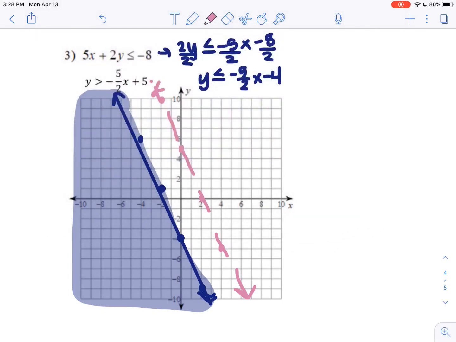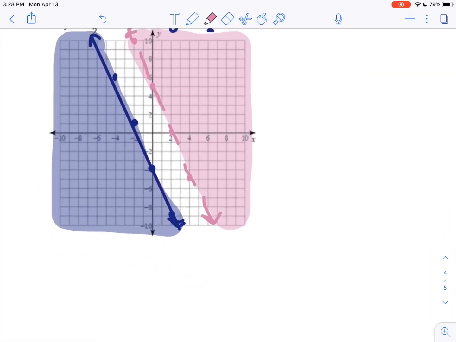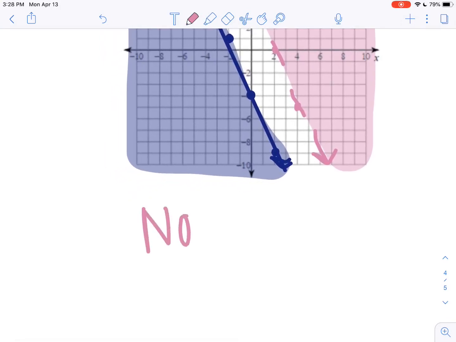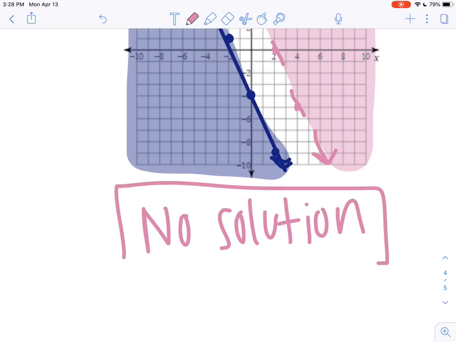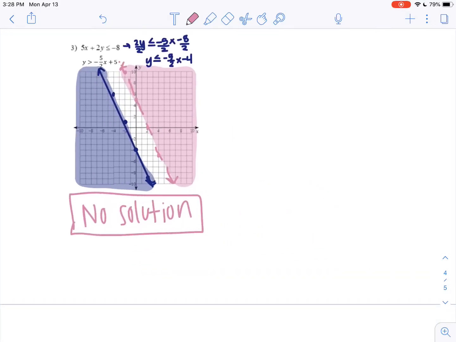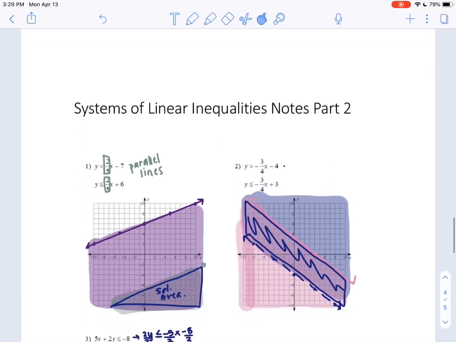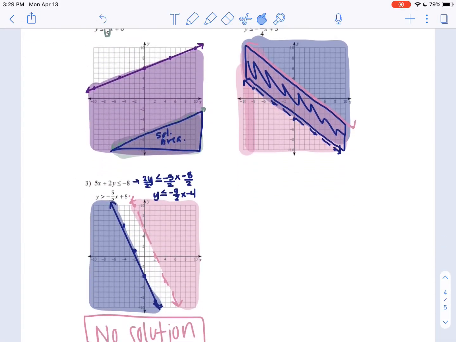And it is greater than, so I'm going to shade above this line. Okay, so in this case, the shadings are not overlapping. So we say no solution. Okay? And that's literally it for solving a system of linear inequalities.